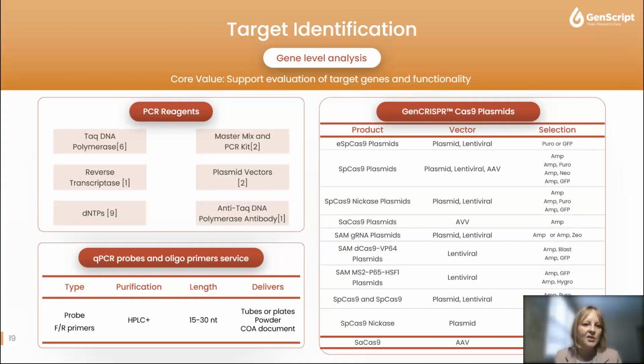Targets can be validated using gene editing to simulate disease condition or to correct it. GenScript has a variety of options for off-the-shelf CRISPR-Cas9 plasmids and enzymes to support the evaluation of target genes and functionality. We do offer functional guide RNA, and this is going to be generated specific to the customer's project.